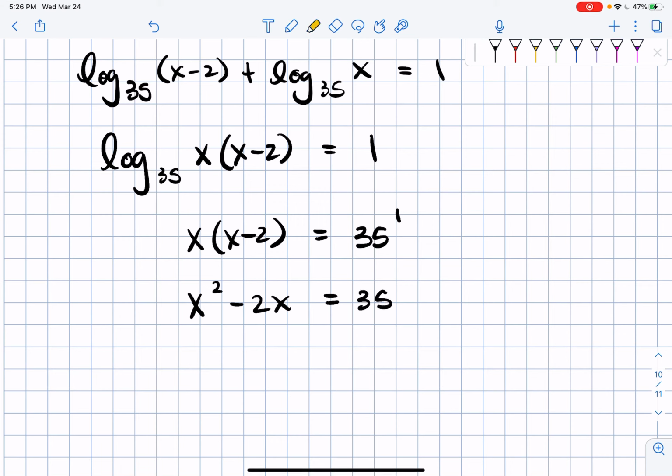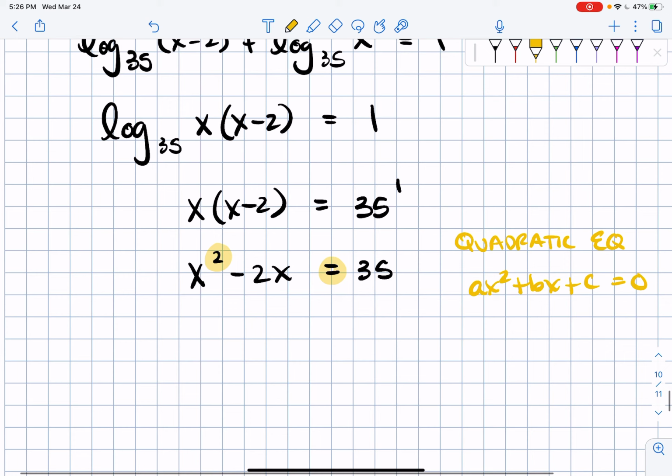Huh, look at this, guys. I see an x squared and an equal sign. Would that mean I have a quadratic equation, which is ax squared plus bx plus c is equal to 0? And I got to factor the non-zero side, right? So great. So I got x squared minus 2x minus 35 is equal to 0.